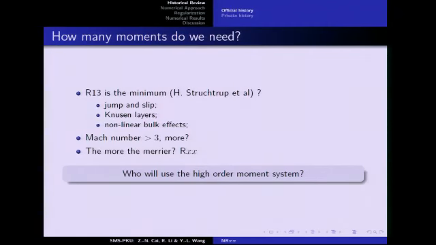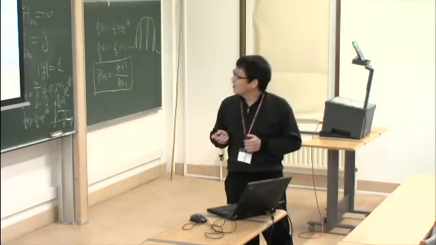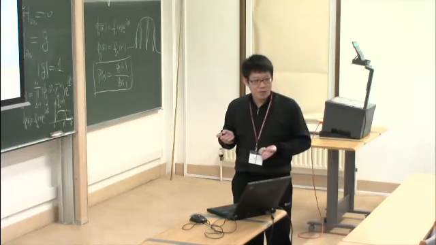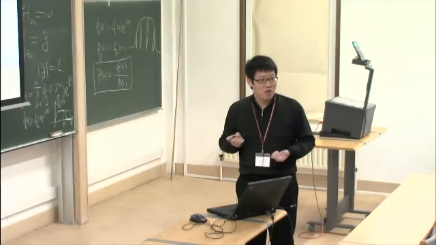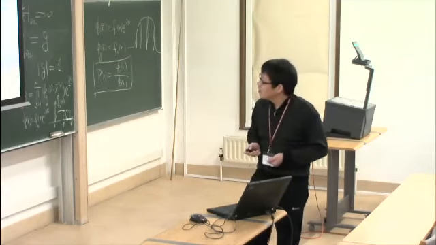So the authors are trying to derive systems with, for example, 20 moments and 26 moments to get the regularization, and they call this method NRxx, which means regularized systems for a lot of moments.